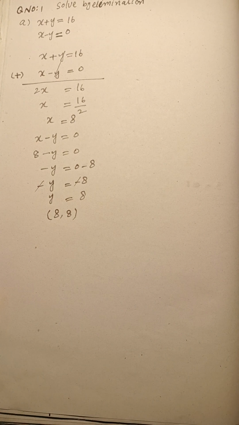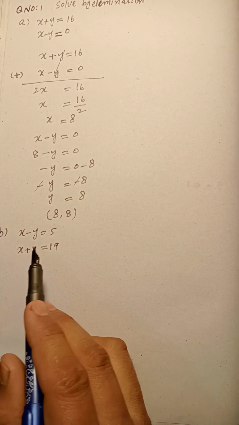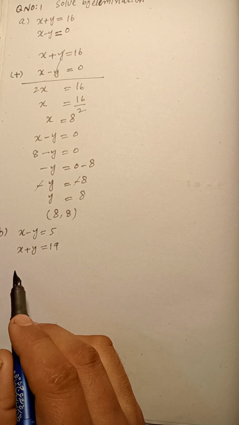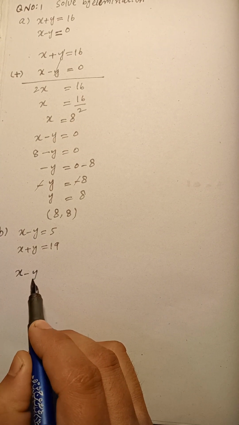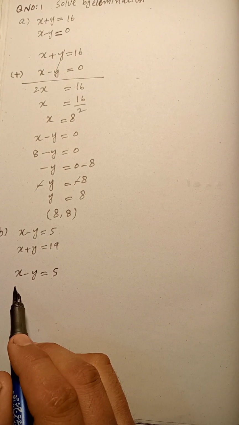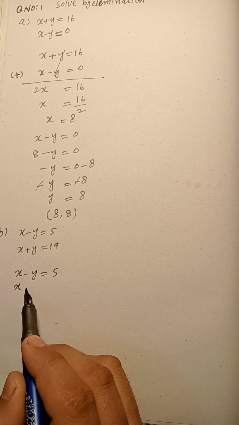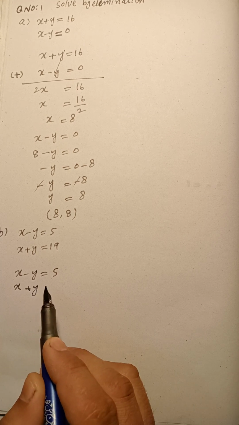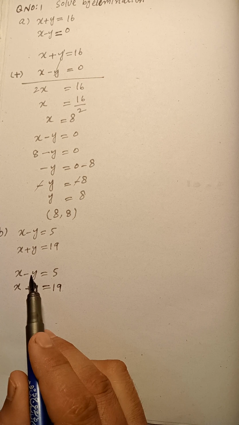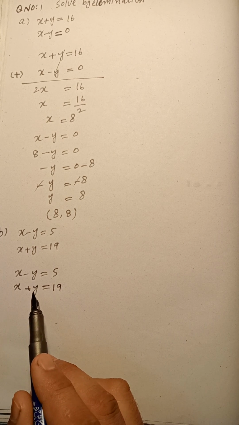Now in the B part, x minus y is equal to 5 and x plus y is equal to 19. In the same way, you see here that we can add these simultaneous equations, and then we can remove y from them, because here is y of minus and here is y of plus.